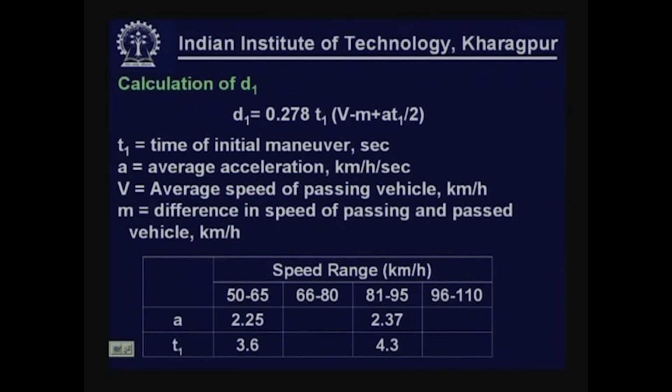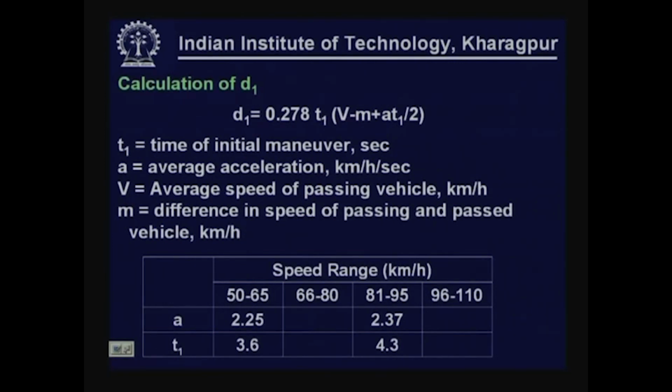Now, experiments have been carried out for the passing maneuver and suitable values have been found in terms of acceleration and also the time taken, based on different speed ranges. Say one speed class is between 50 to 65 km per hour, the second one 66 to 80 km per hour, the third one 81 to 95 km per hour, and the last one 96 to 110 km per hour.